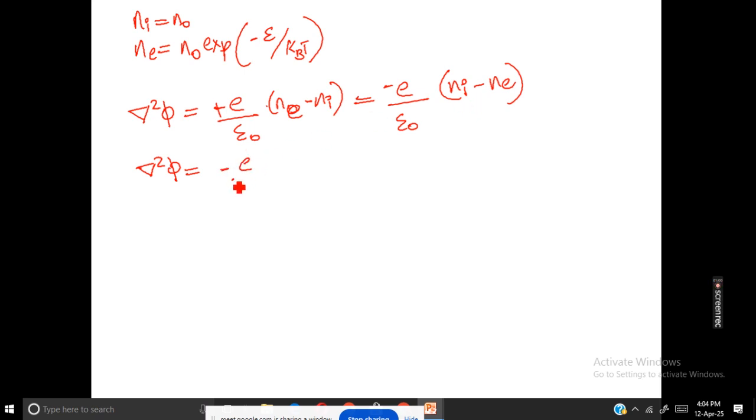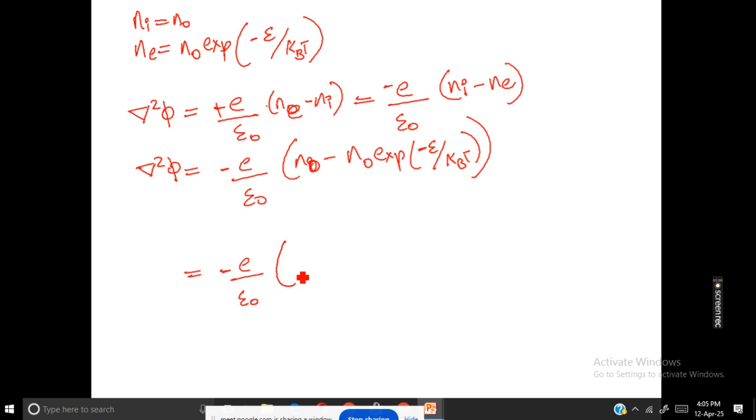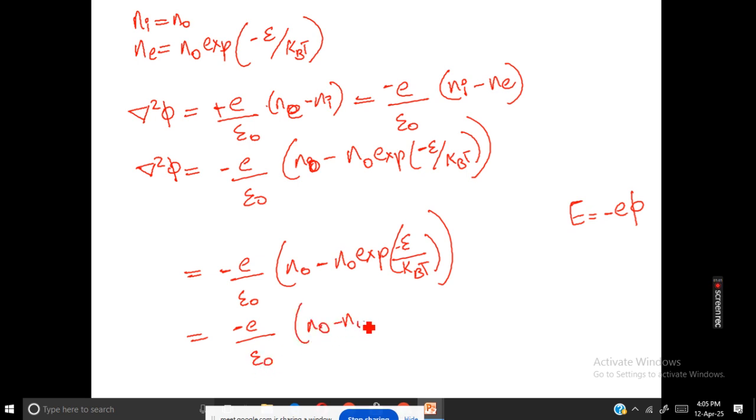Ni is N0, and Ne can be written as N0 into exponential of e phi by kB T, so it can be written as e by epsilon 0 into N0 minus N0 into exponential of e phi by kB T, with a negative sign here also.